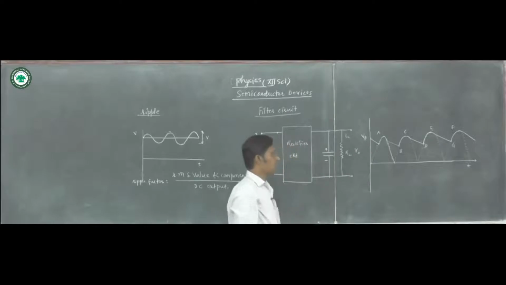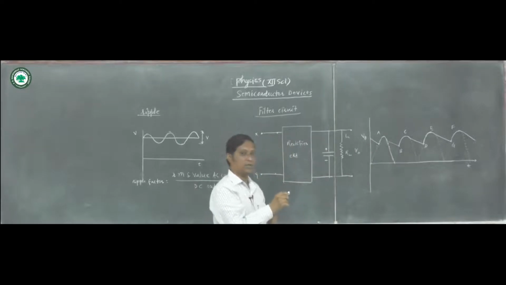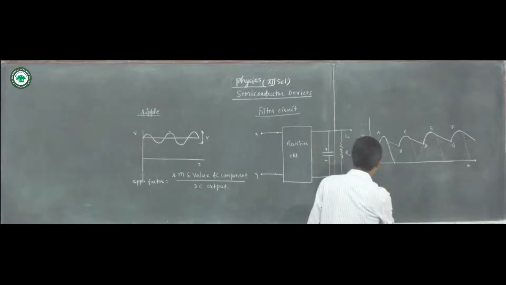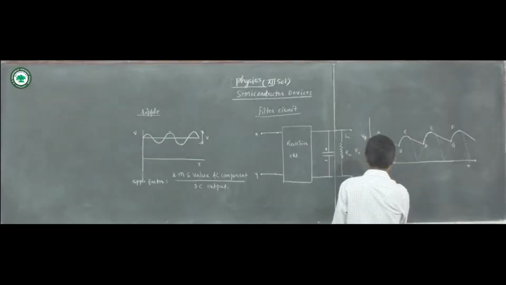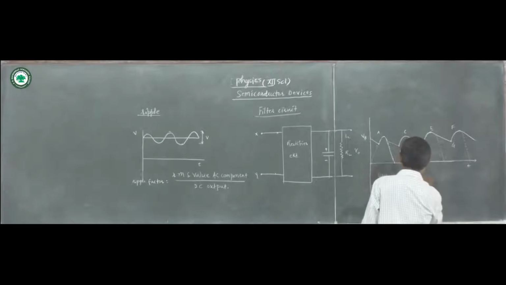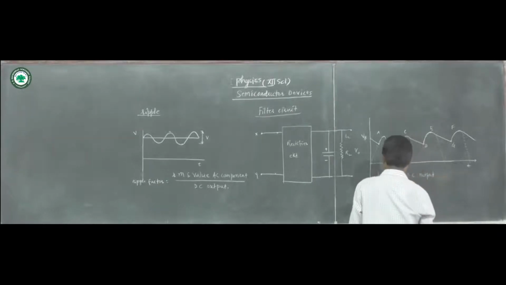This output waveform is the unregulated DC output.